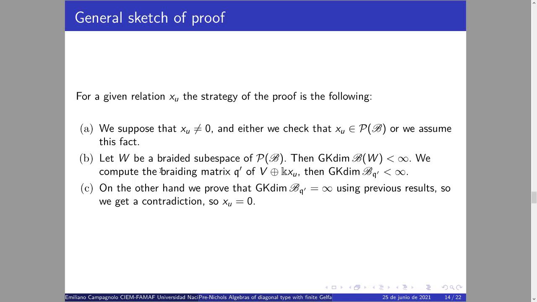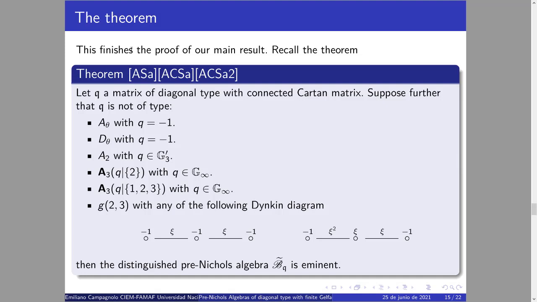We compute the braiding matrix Q of this braided space. Then the Gelfand-Kirillov dimension of BQ is finite. And lastly, on the other hand, we prove that the Gelfand-Kirillov dimension of B is infinite using previous results, so we have a contradiction, so xu is equal to 0. Okay, this finishes the proof of my result.